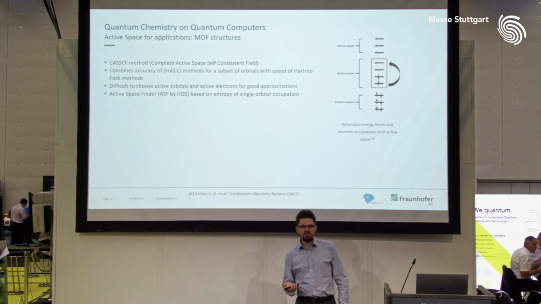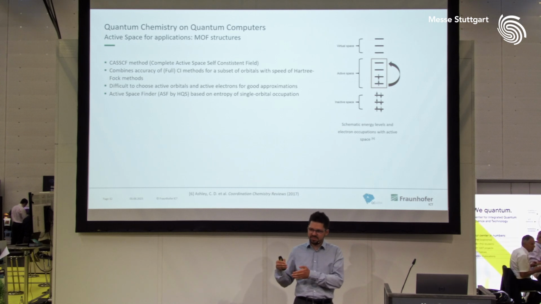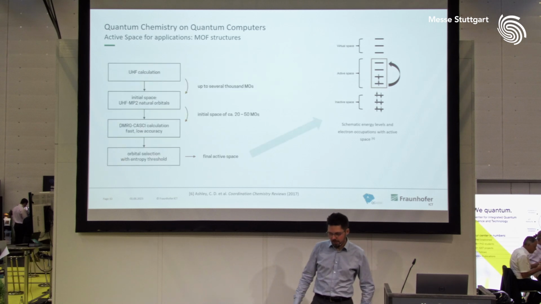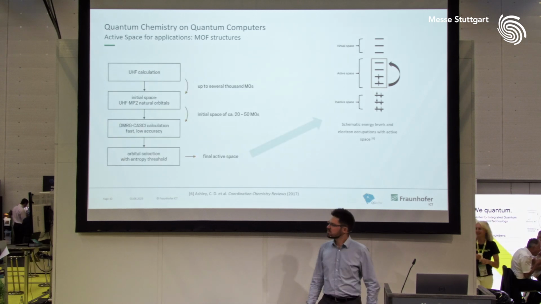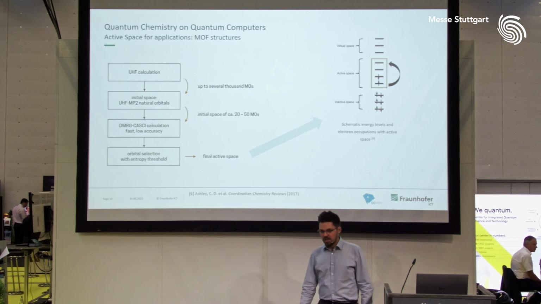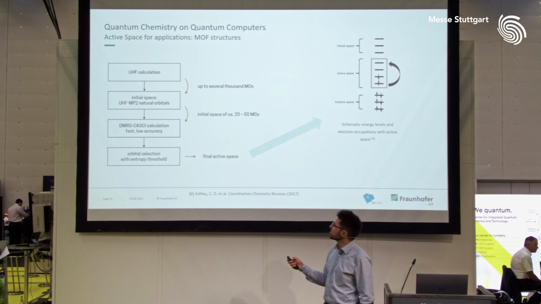But now we need to ask how to find out the active space. So this is basically the chicken-egg problem. We need to know the molecule to find the active space. So it's a little bit tricky. But there's some workflow we implemented in our project, and this makes it easily possible.